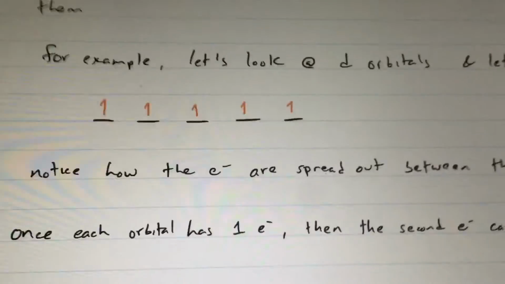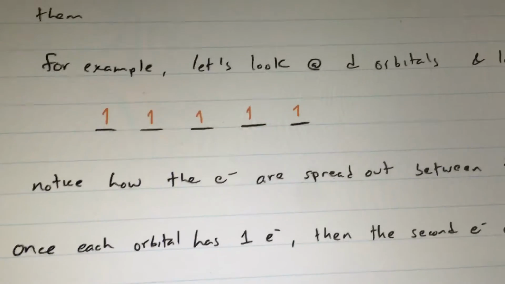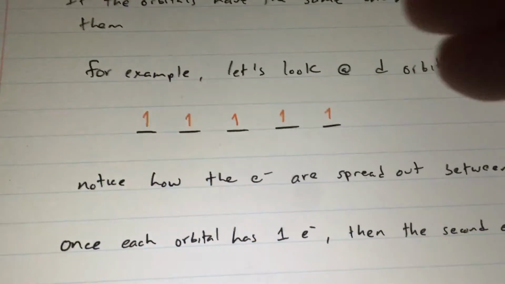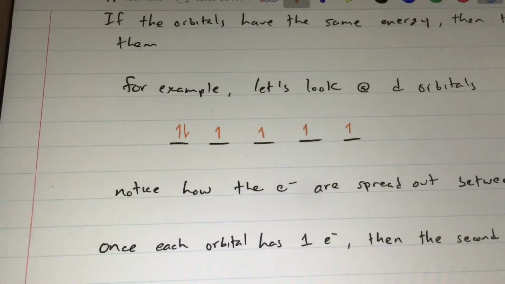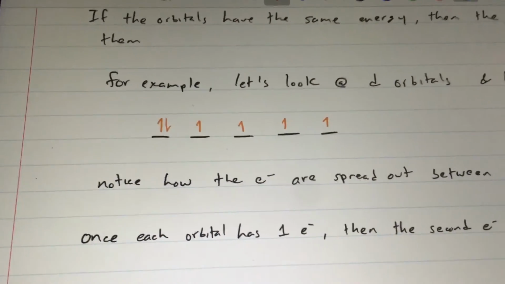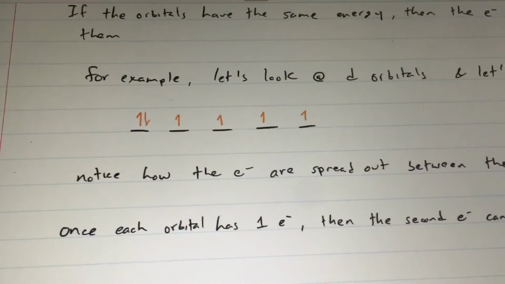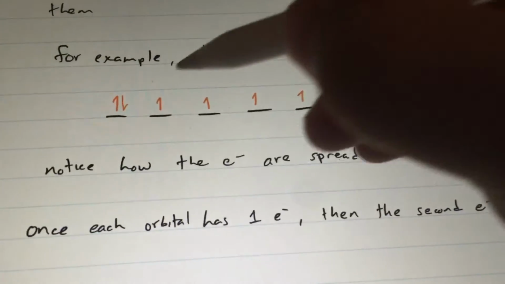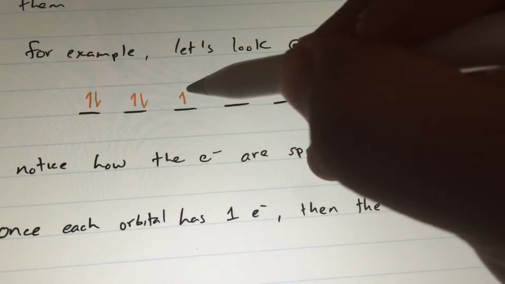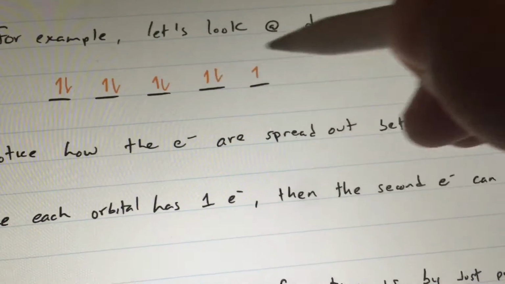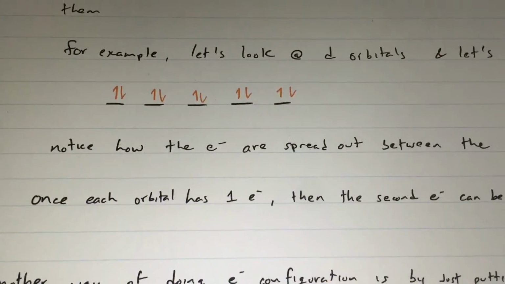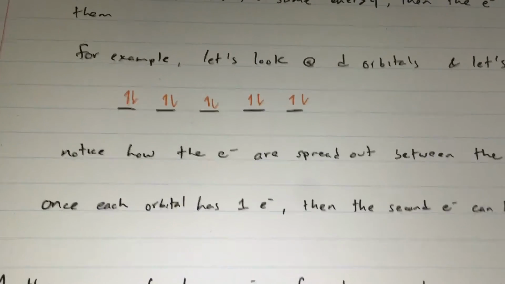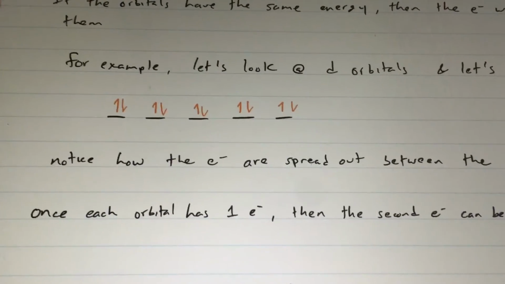If we were to have a 6th electron in this case, then that last electron will actually end up coming here, right? Once each orbital has 1 electron, then we can start adding 2. So we had 7 electrons, 8 electrons, 9 electrons, and 10 electrons, right? So you cannot start pairing them up unless each orbital has 1 electron.